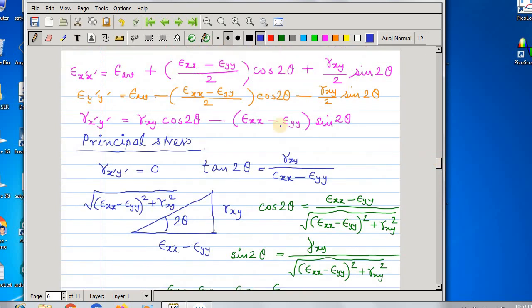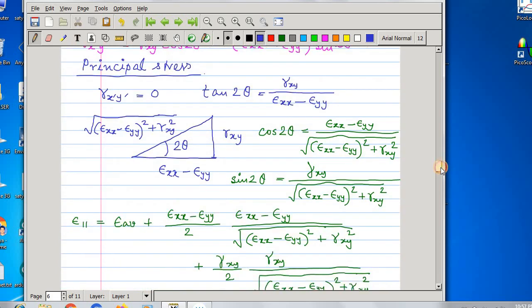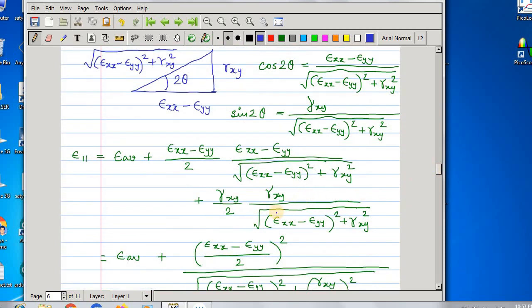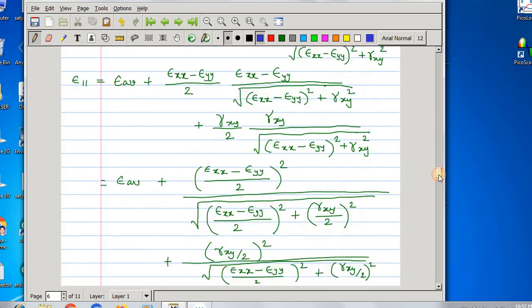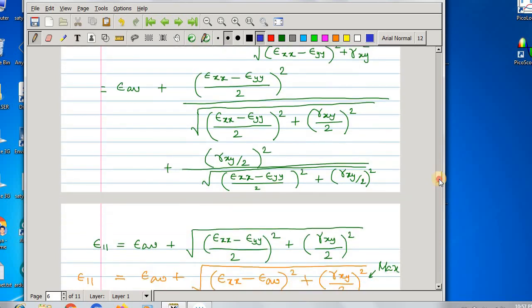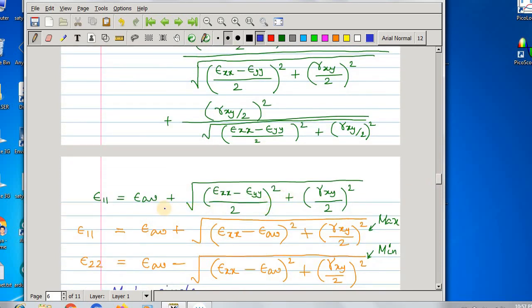Now you just replace this here, because for that 2 theta, for which gamma x dashed y dashed equals 0, you put that value there and you get this relation, and when you simplify you get this as the relation.